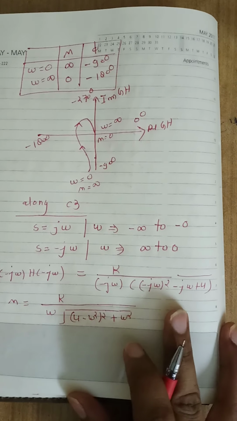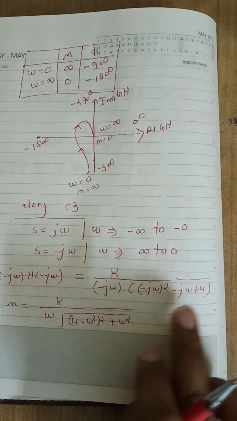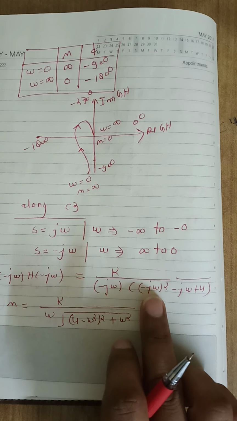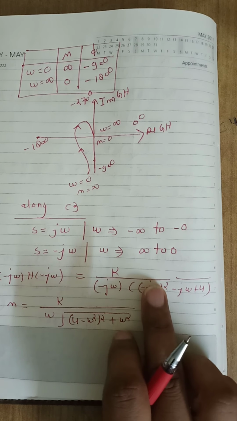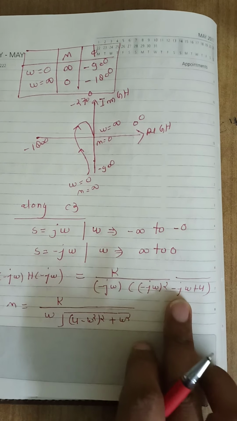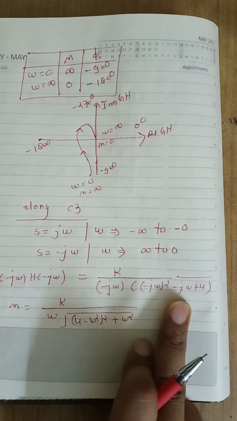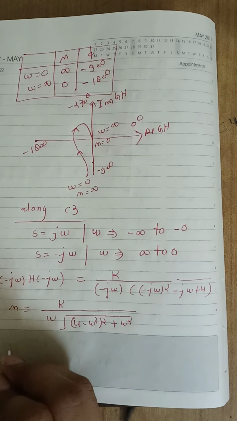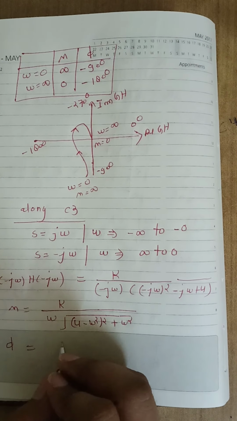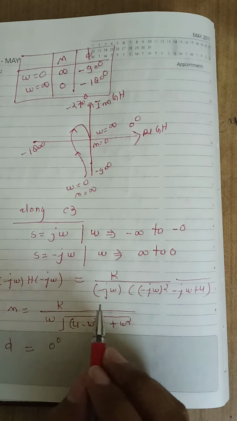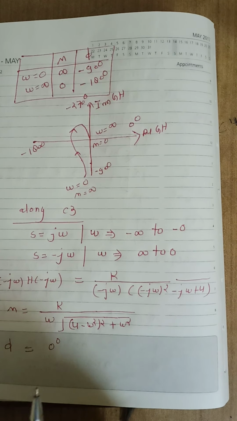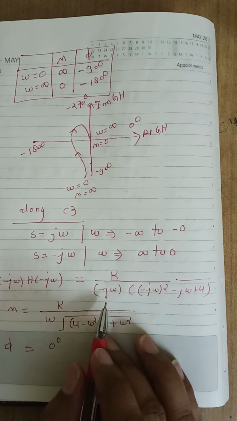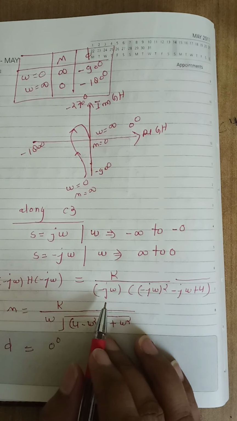Because second term we can write as minus omega square, so real part becomes 4 minus omega square. And middle term, or you can say second term, will remain same. Similarly, we can write phase angle according to 0 degree, and here we have minus j omega, and you know for j omega we have phase angle 90 degree, and for minus j omega we have phase angle minus 90 degree.